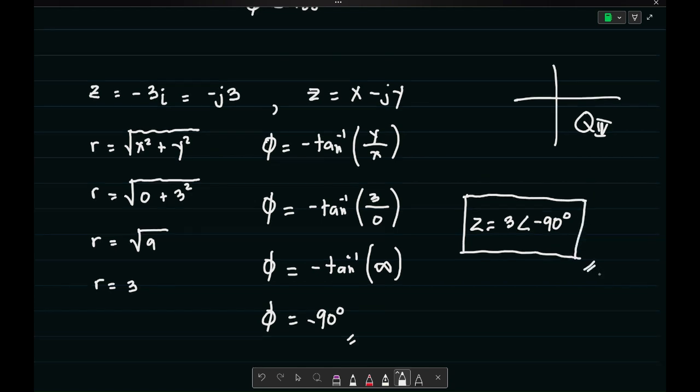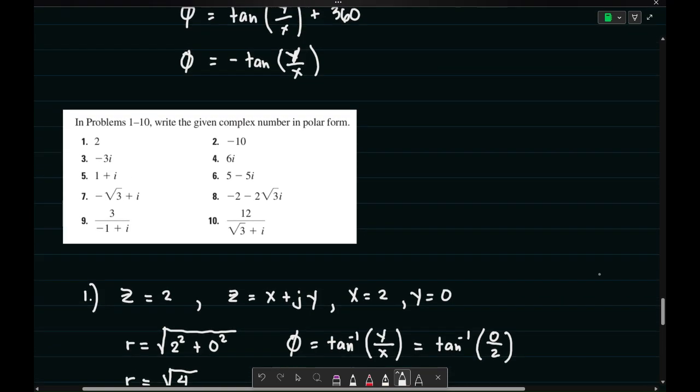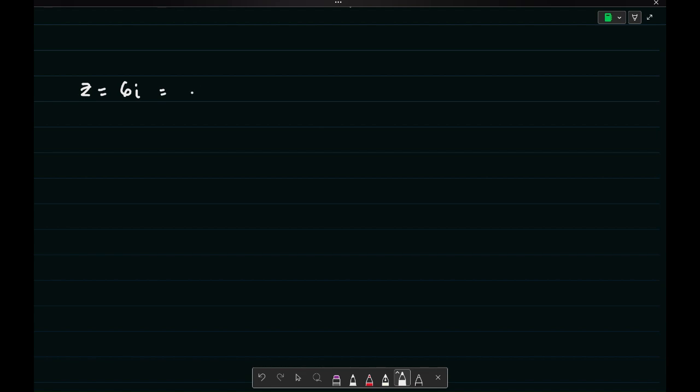Okay, let us move on to number 4. Number 4 is 6i. Z is equal to 6i, or let us make it j6. First step, identify the x and y. X is 0 and y is equal to 6.